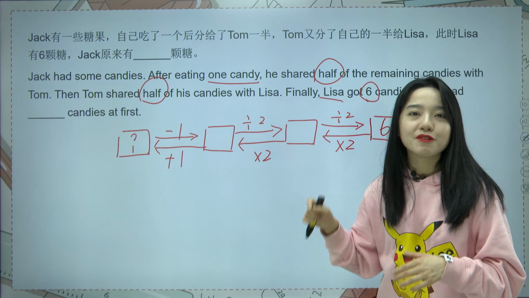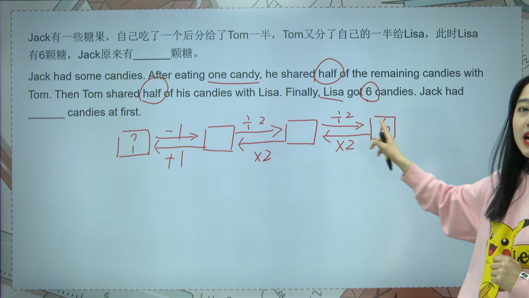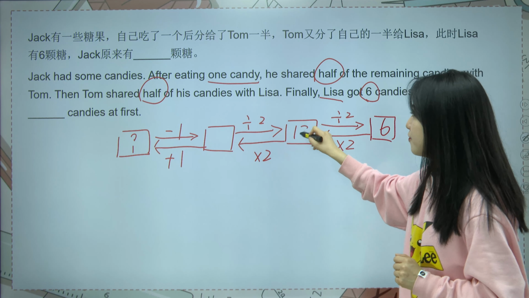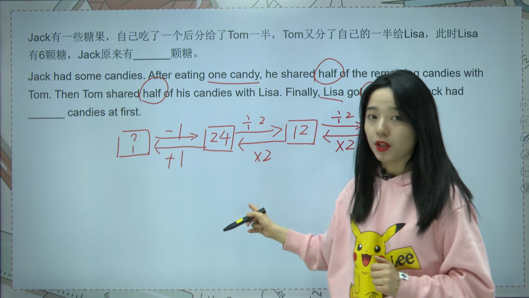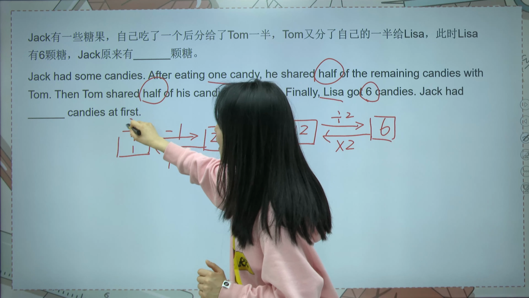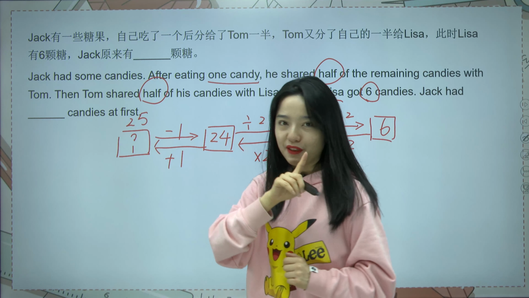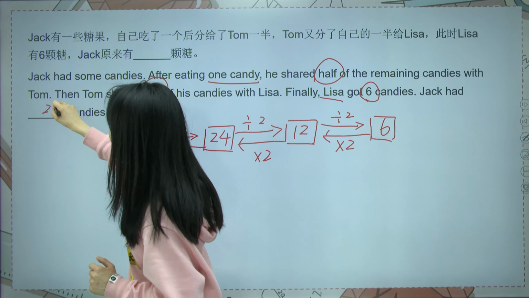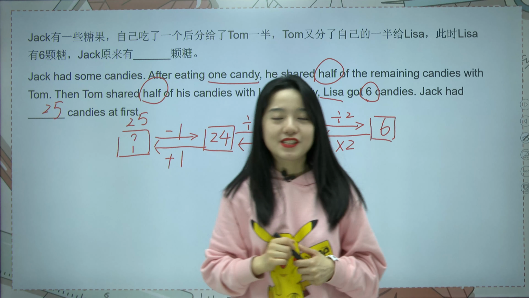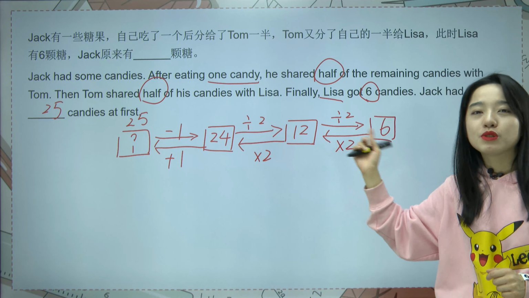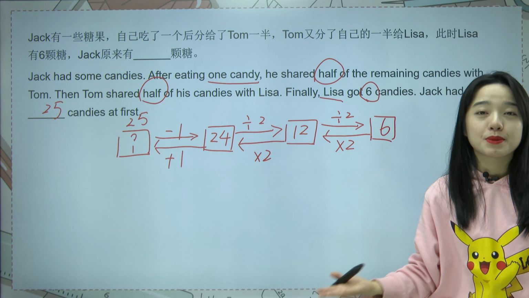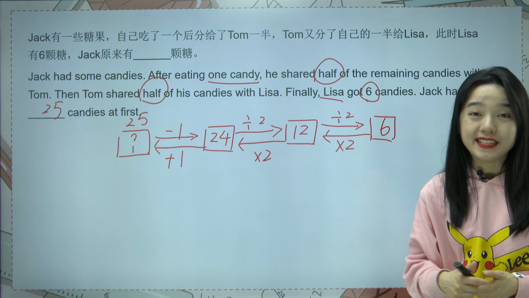Now you can calculate it step by step. 6 times 2 equals 12. 12 times 2 equals 24, and 24 plus 1 equals 25. In this way, we can find Jack had 25 candies at first. So as long as you draw a train diagram to describe the process, it will become much easier.